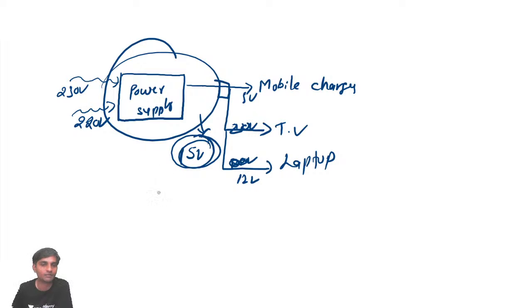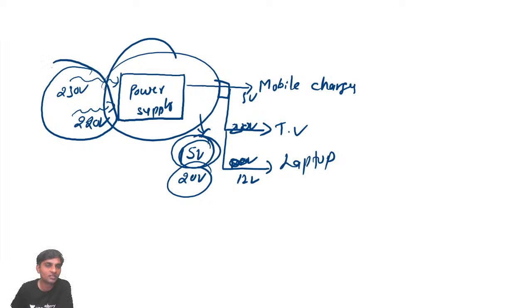Let's say I'm getting 20 volts here. Irrespective of the input variations, I should get 20 volts only. Because of fluctuations, the input may drop to 210 volts, just as an example.